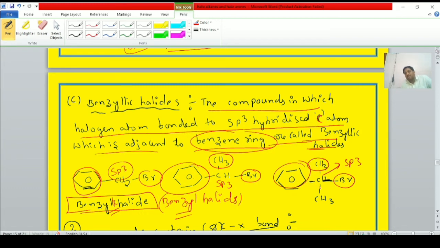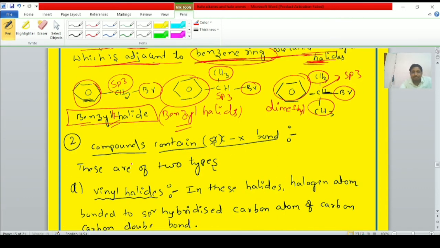This is known as a dimethyl benzylic halide. Once again I will repeat: the compounds in which the halogen atom is bonded to an sp3 hybridized carbon atom which is adjacent to a benzene ring are called benzylic halides. Clear? Right.